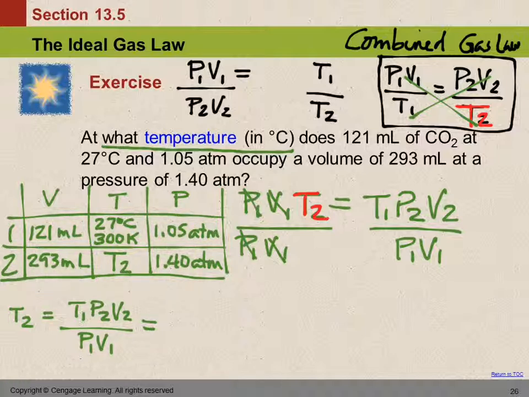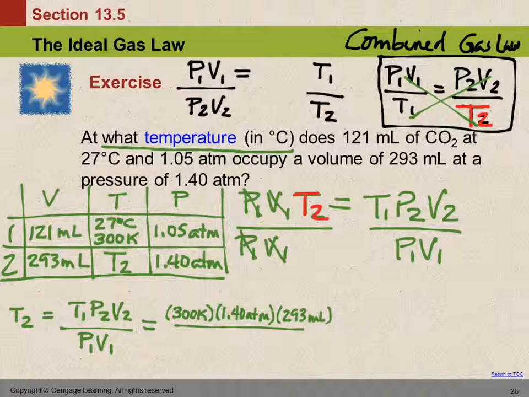So let's now plug them into our equation. Temperature 1, include the units, 300 Kelvin. Pressure 2, take your time and make sure you're grabbing the right numbers. Volume 2, 293 milliliters.